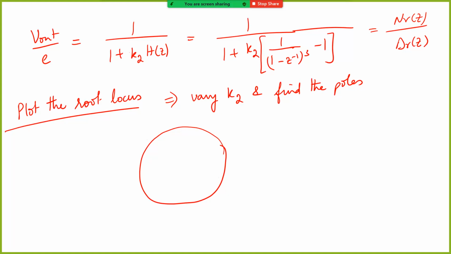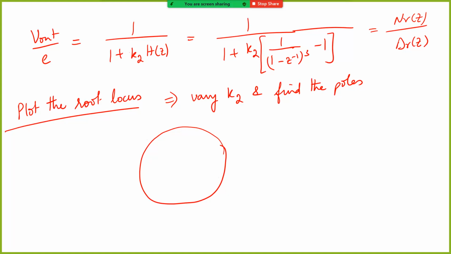This is what you basically do in root locus. You have a transfer function here, V out by E. The only difference between the ideal version and this version is we have brought into the picture this factor K2, and this factor K2 is going to determine how your poles are going to move.